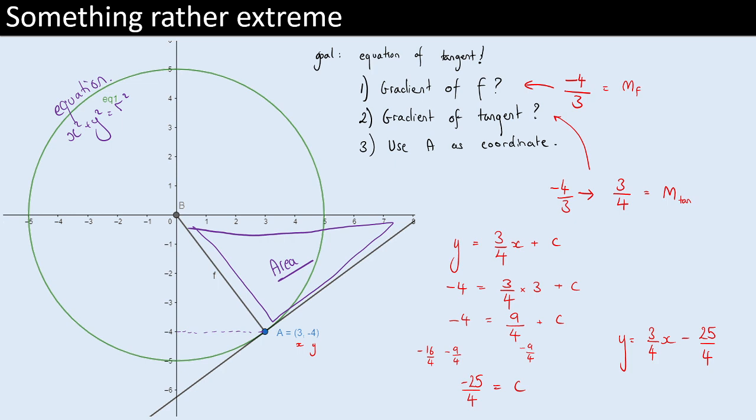What else? Circles always link into circle theorems. We used a really basic one here, which is that a tangent and a radius meet at right angles. But we could have further angle problems in here, and we might need to work out that angle there. You see, we can draw a little right-angled triangle there.